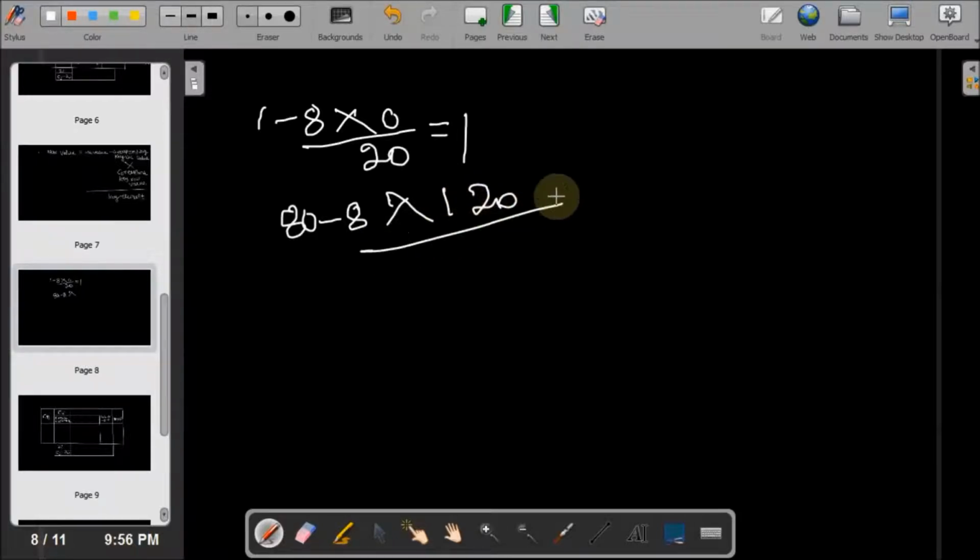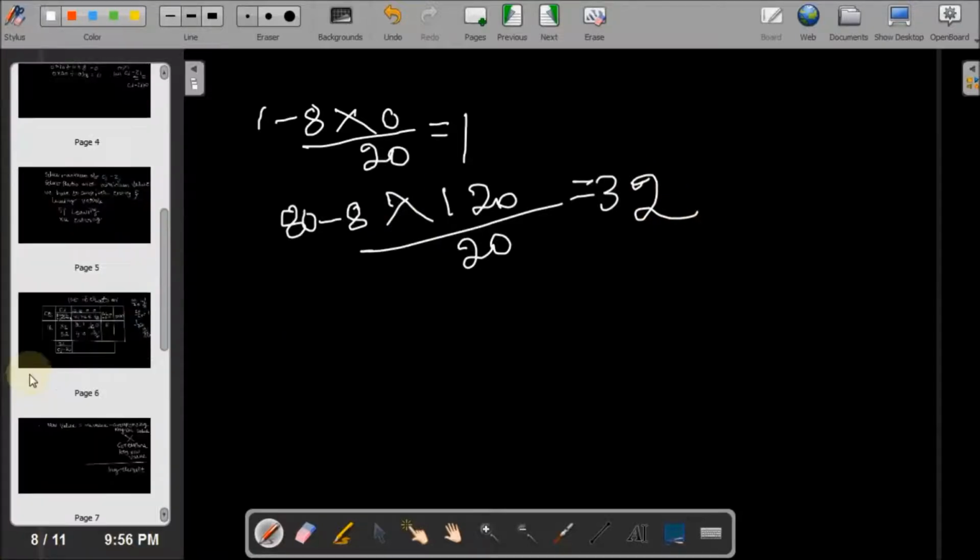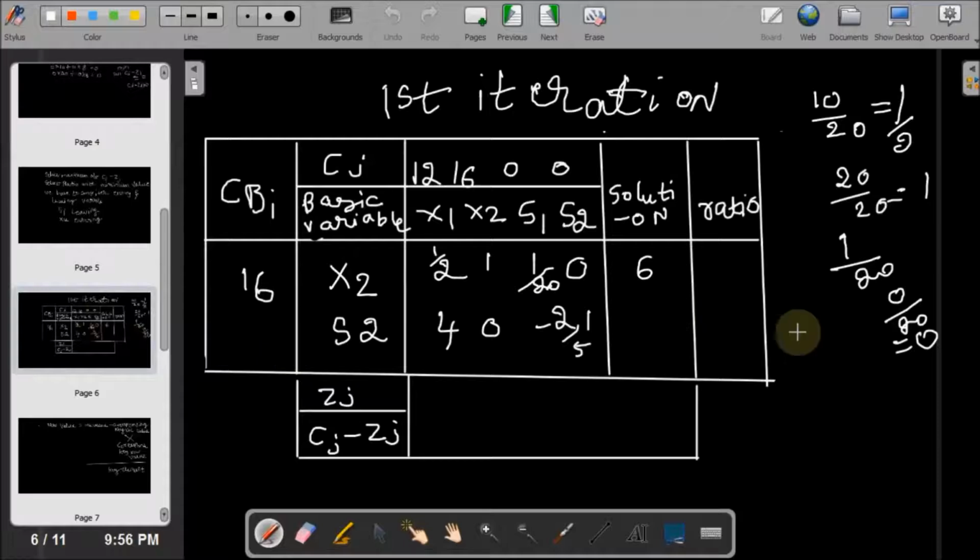You know that it also remains the same, 20. So what is the value? The value will be 32. So this value will become 32. This is the new value. Getting, guys? So these are my new values for S2.